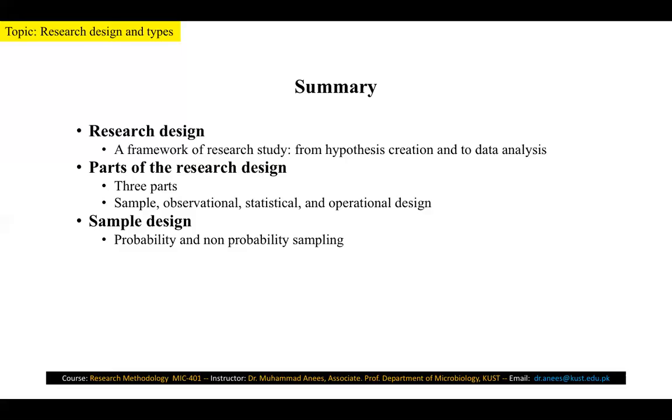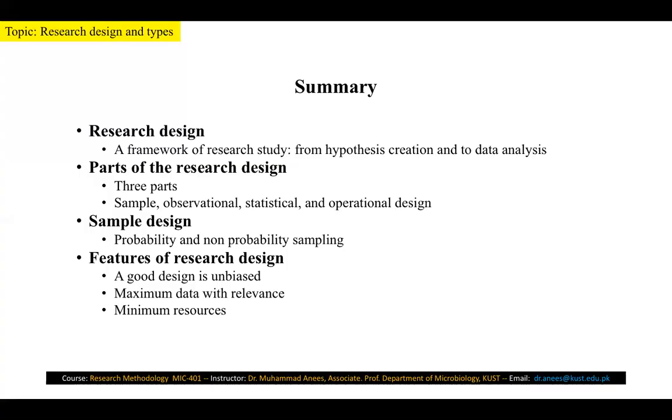I mean, your will is not involved in selection of that sample, and you select the sample without involvement of your bias. So there are different techniques in which you can perform probability sampling. And non-probability sampling means that it involves your will, your decision. So it involves convenience and judgment from your side.